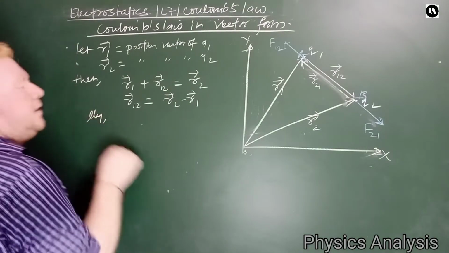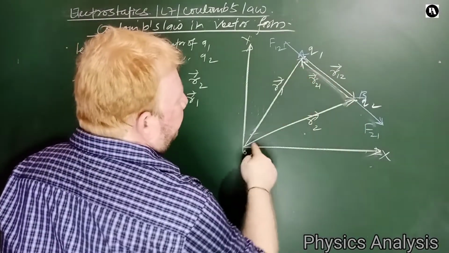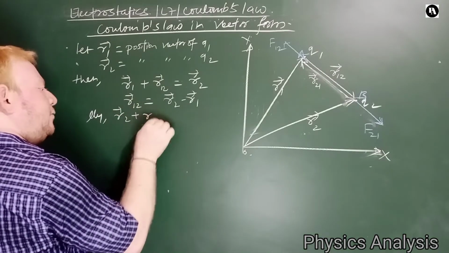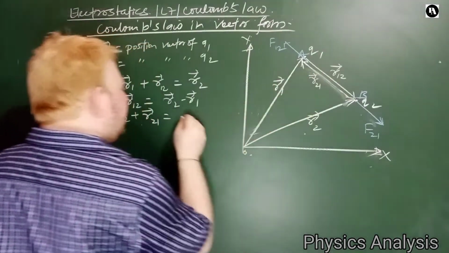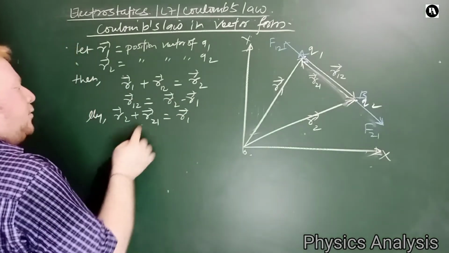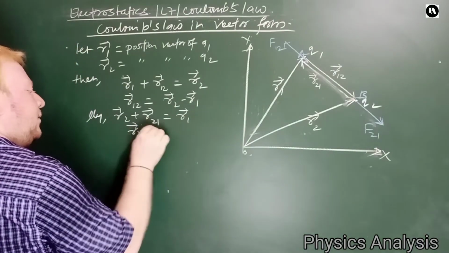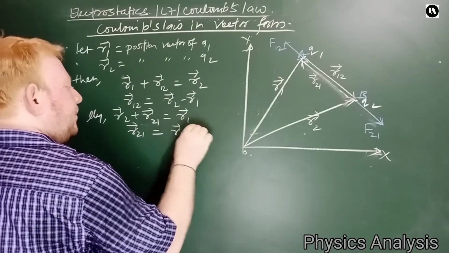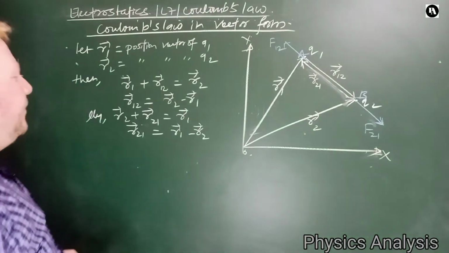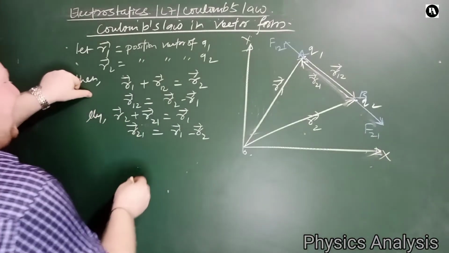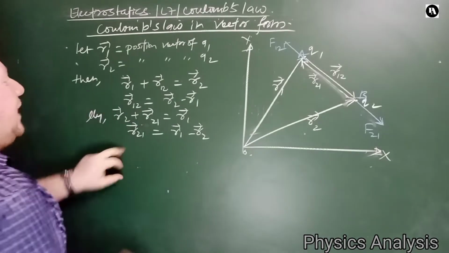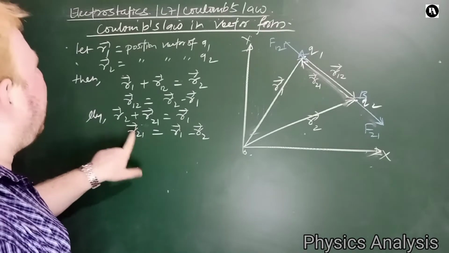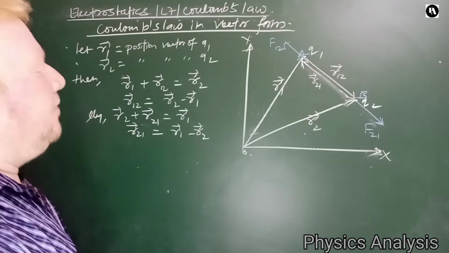Similarly, I can write in this situation R2 plus R21 is equal to R1. So R21 is equal to R1 minus R2. Looking at these two, clearly I can write R12 is equal to minus of R21, or R21 is equal to minus of R12.